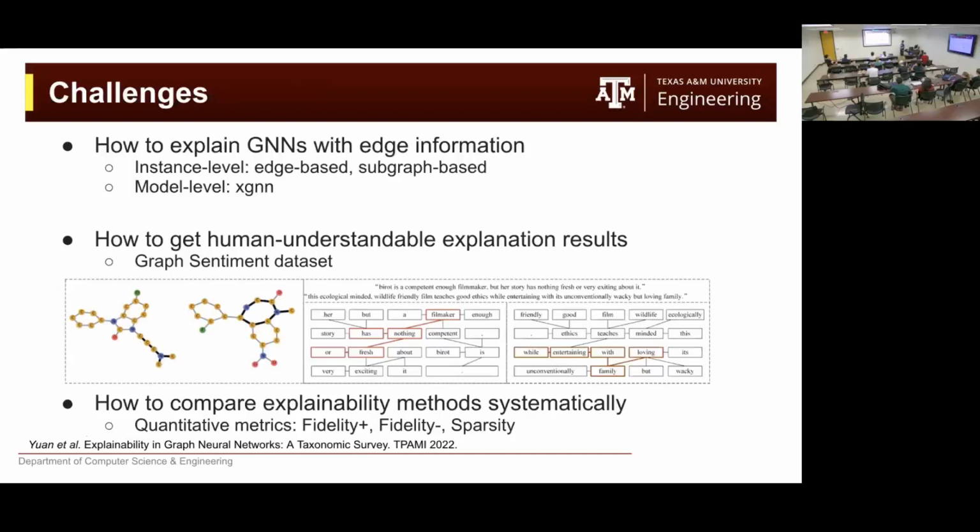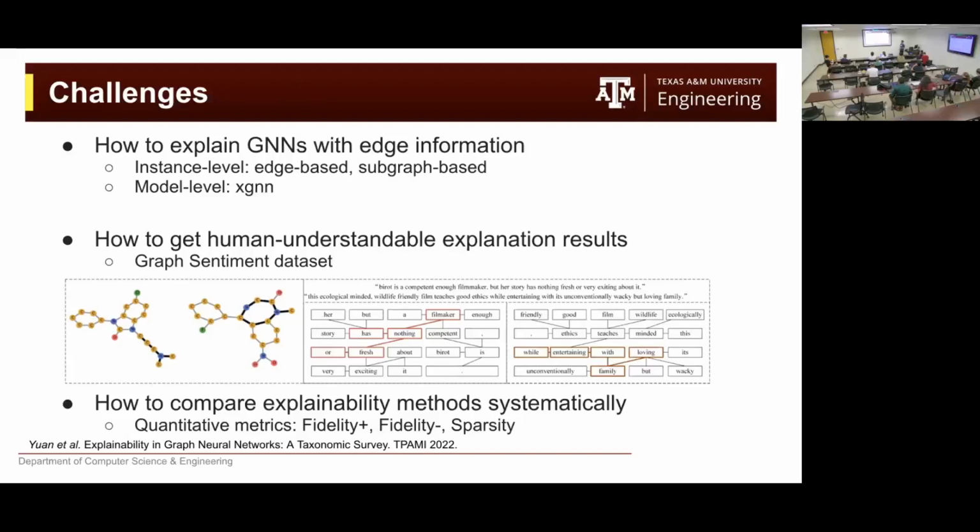To build explainability methods, there are several challenges that we have to face. The first challenge is to combine the edge information in graph-like data. Image data are grid-like, and text data are sequence-like.